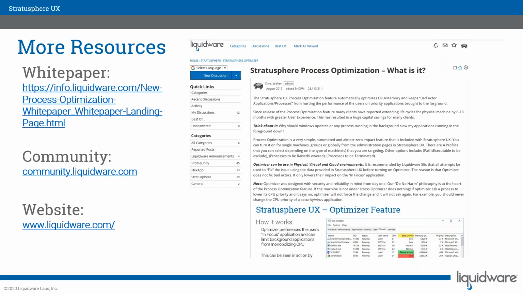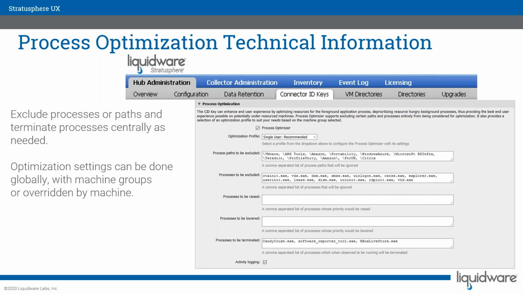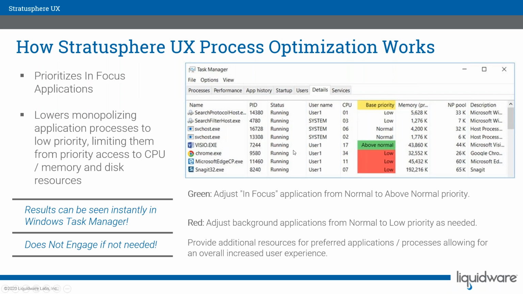A few more questions as they come in here. Someone asked, technically, how does it gently or safely limit resources? Is this done through ESX or some other process? Yep. Let's go back to the task manager view. Our agent is running on the virtual machine or physical machine, so we're running actually inside of Windows. And inside of Windows, I detect through an API, Windows will tell me, hey, Visio is the foreground application.